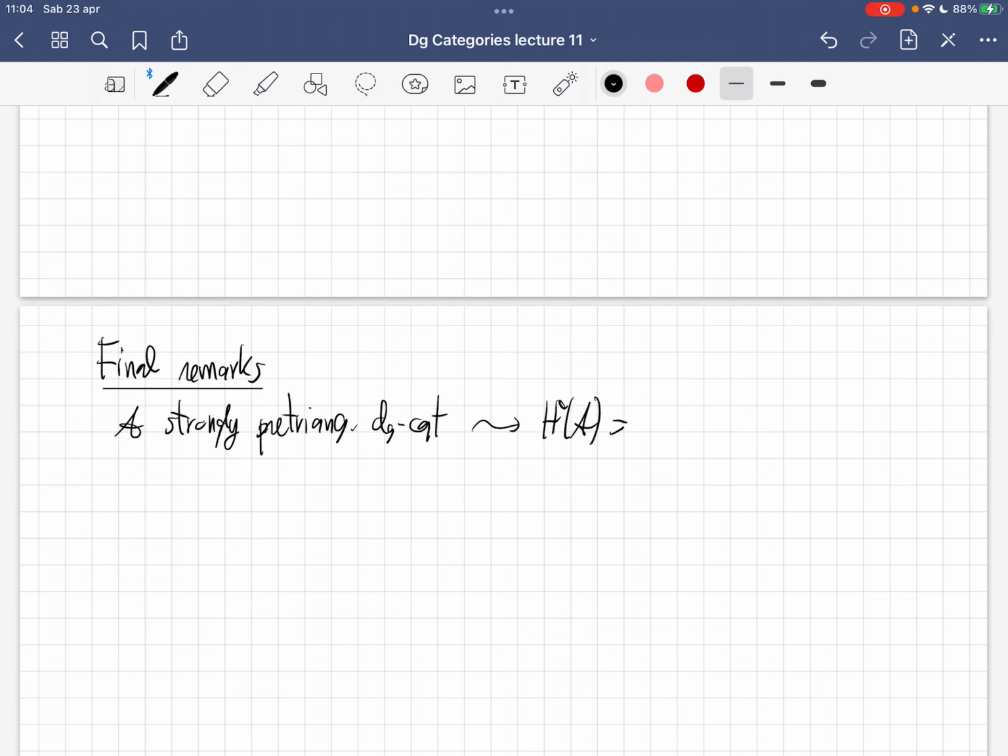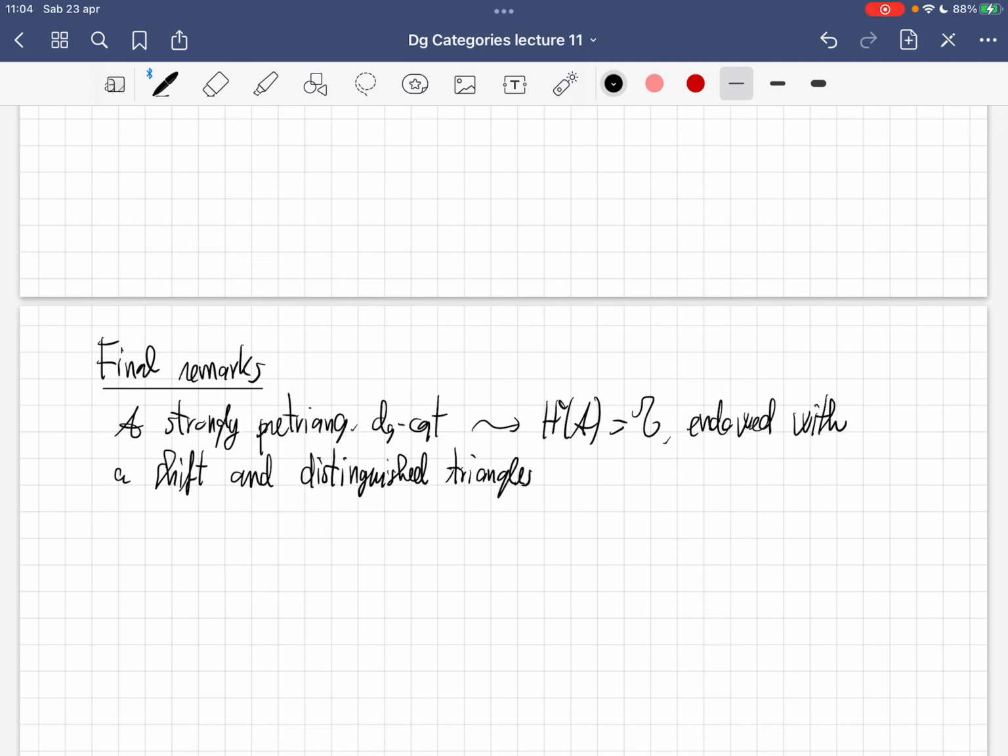And then we look at this, and this is endowed with a shift and distinguished triangles, satisfying properties I called TR1, TR2, TR3.